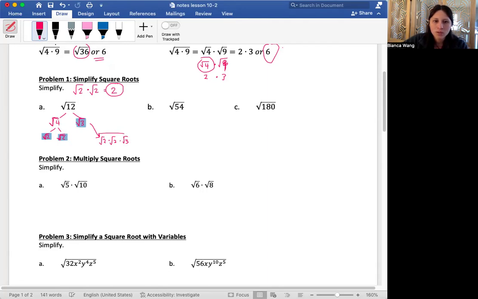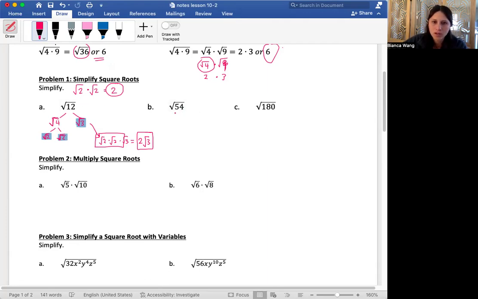But square root of 2 times square root of 2 is just 2. So this basically reduces down to 2 times square root of 3. And that is the reduced version of square root of 12. If you plug this in the calculator, you would get the same decimal as if you plugged in square root of 12 and entered. You would get the same decimal answer.